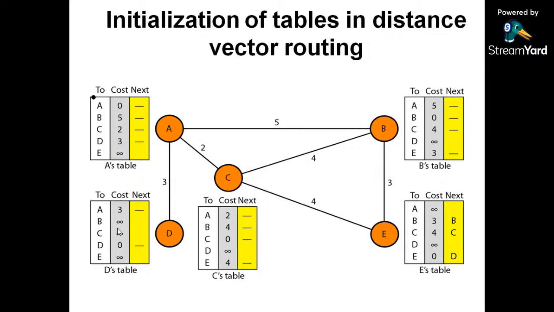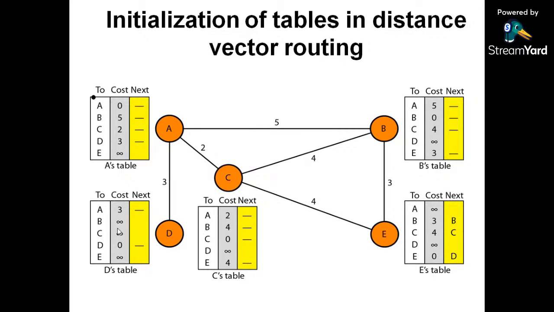From A to A, the distance is 0. From A to B, the cost in the diagram is given, that is 5. From A to C, the cost is 2.